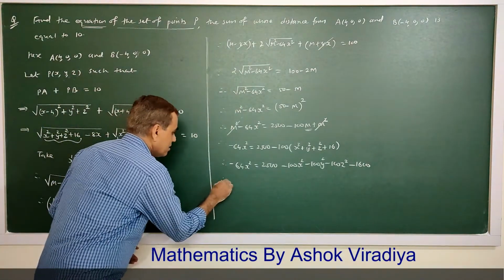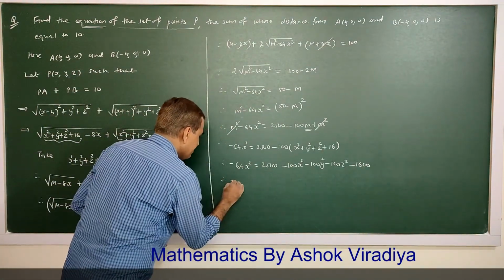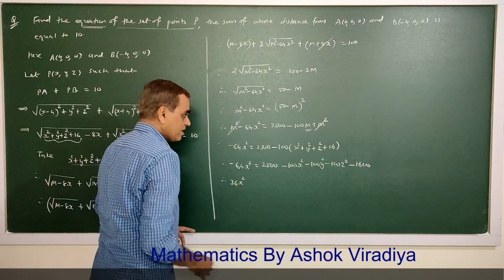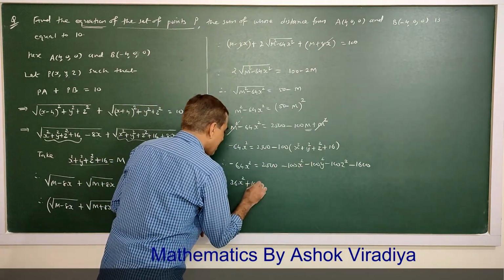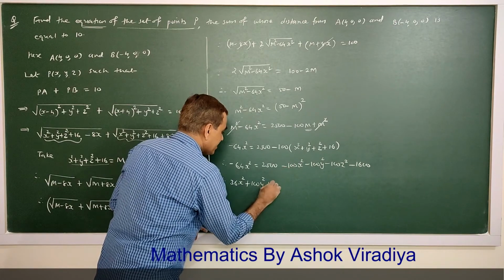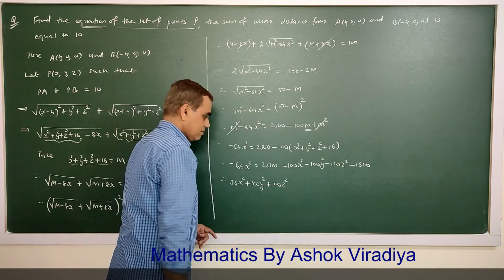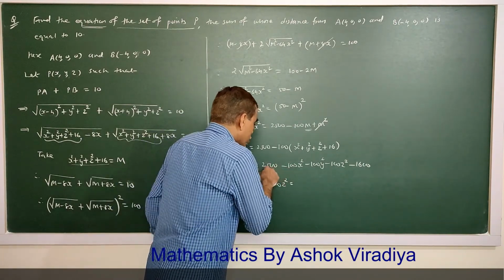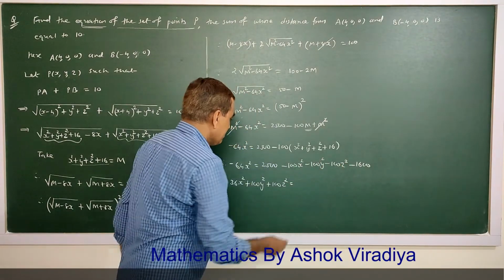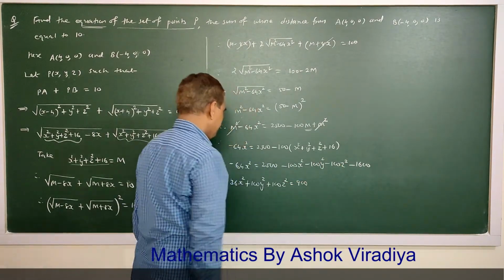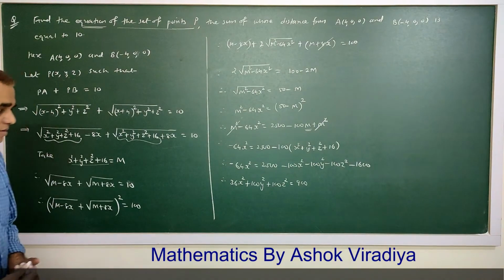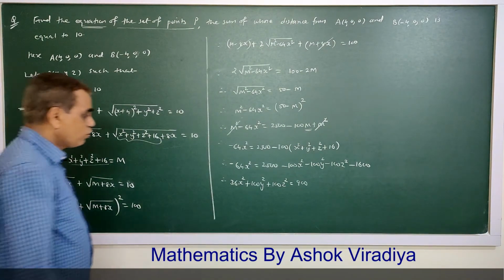That is, 100x square minus 64x square, that is 36x square, plus 100y square plus 100z square equal to 2500 minus 1600, that is 900, divisible by 4.